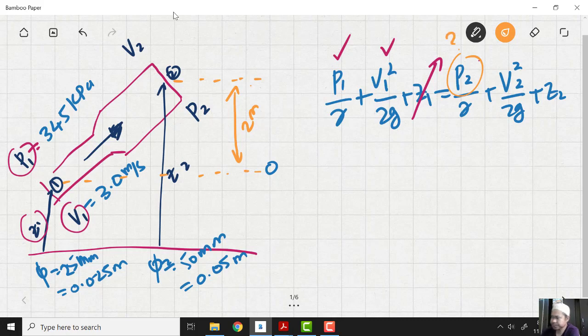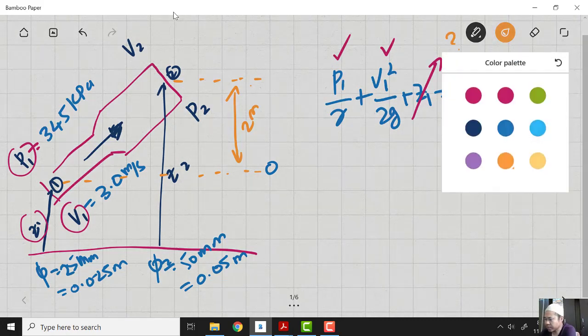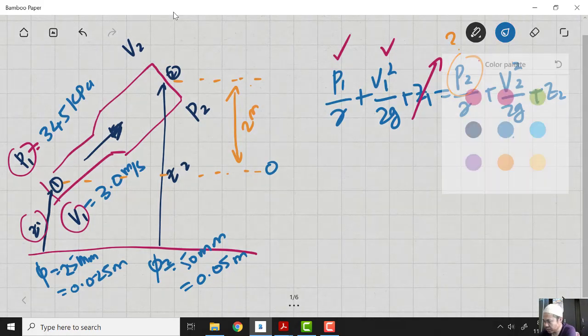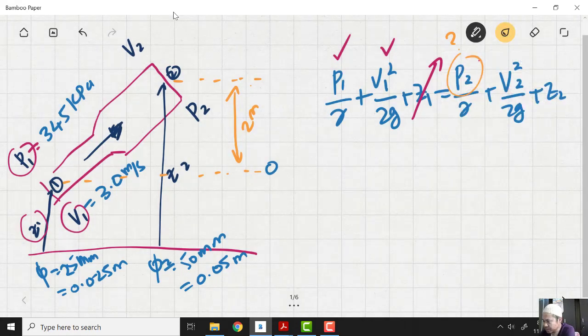And we have another problem because we don't know the value of V2. Z2 is given to us, which is 2 meter. So how do we find the value of V2?